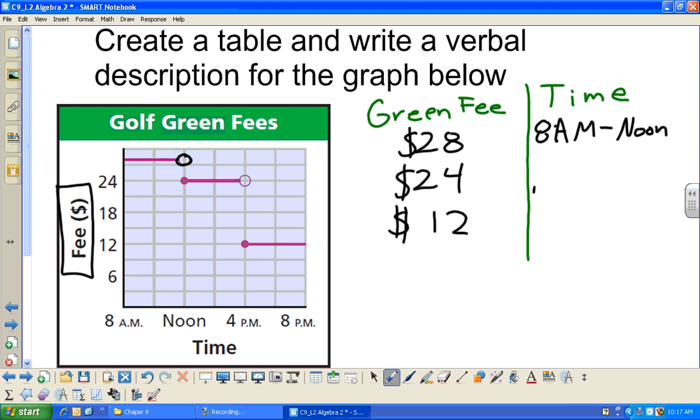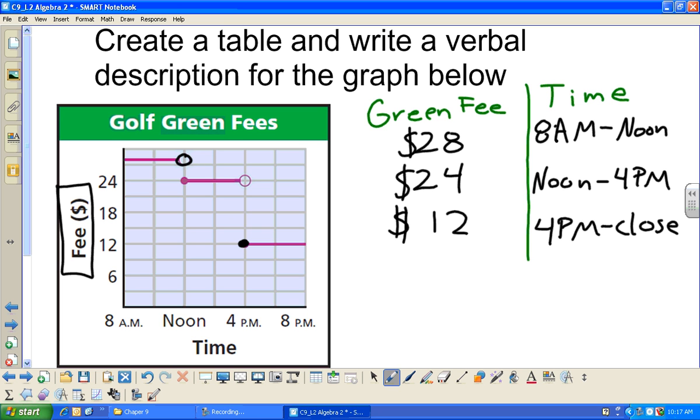So $24 would be from noon to 4. And if I came right at 4, I would be paying $12 because this is a closed circle. So from 4 to close, I will pay $12.